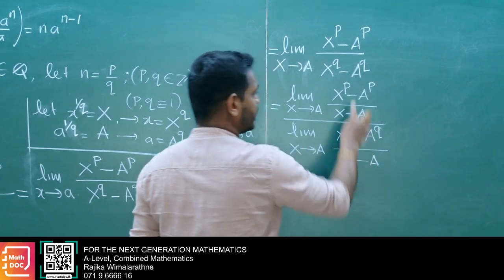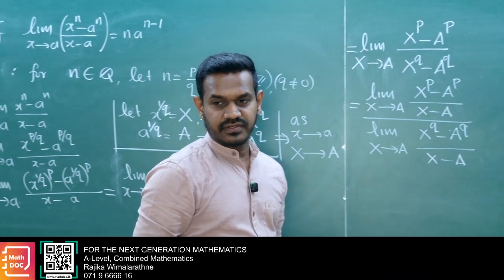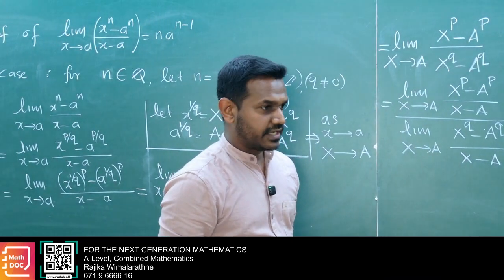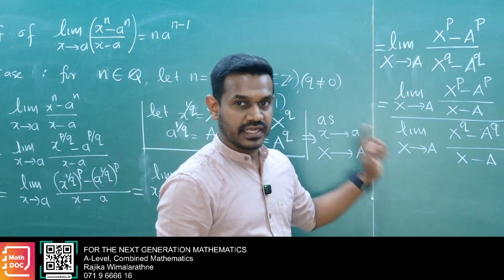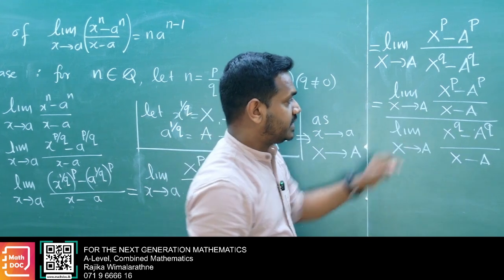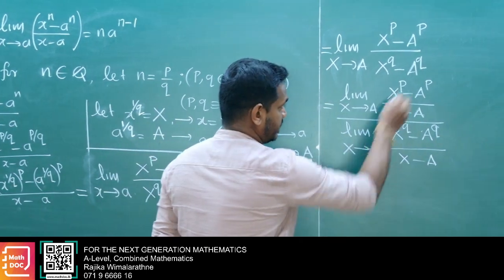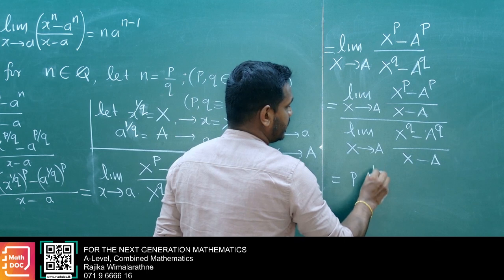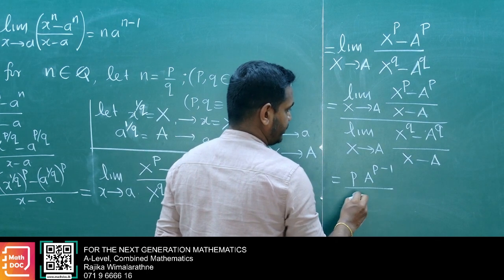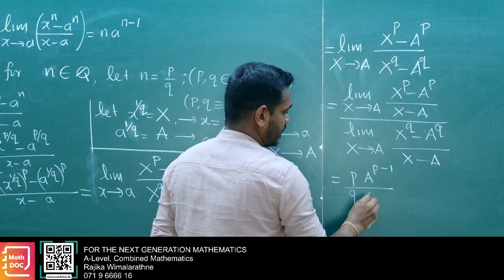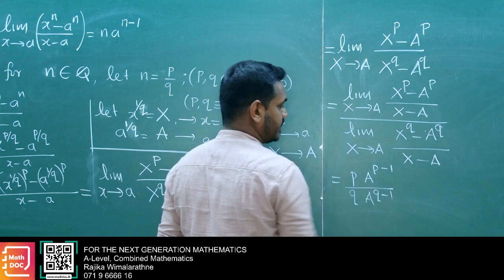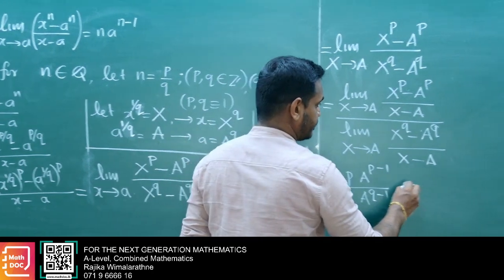Like this. Now p means positive or negative integer, no? For positive integers we have done, for negative integers we have done. Then apply the theorem, numerator and denominator. P a to the p minus 1. Here q a to the q minus 1. Now we have to simplify.